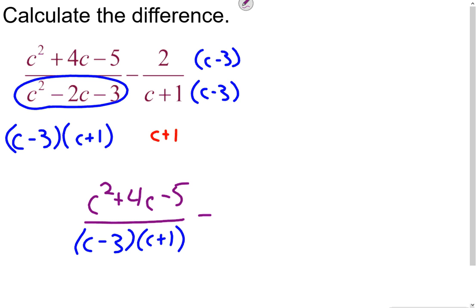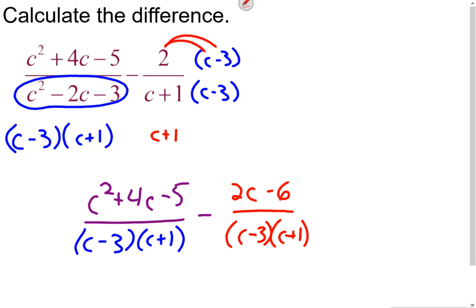Now we have to multiply here. So we're going to end up with 2c minus 6 over, and then we have to FOIL that denominator. Well, I'm not going to FOIL it because that would be multiplying it back together, and I'm just going to leave it in factored form. So we're still with the c minus 3 and c plus 1. I just switched the order there so that it would look identical to my first fraction.